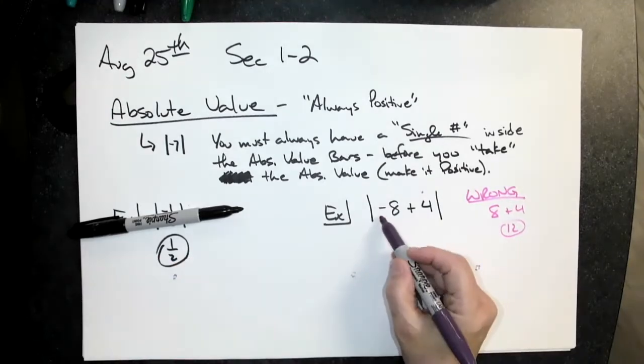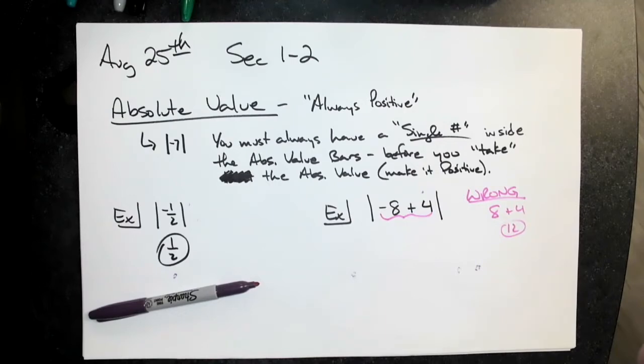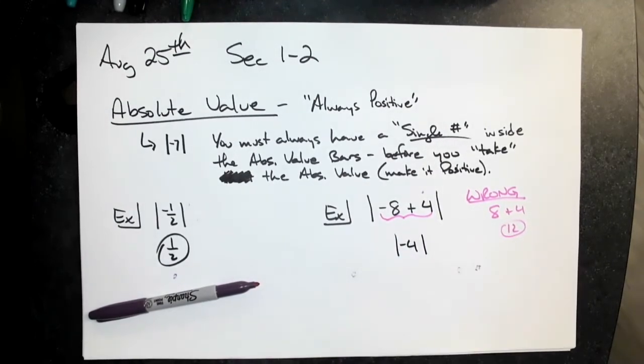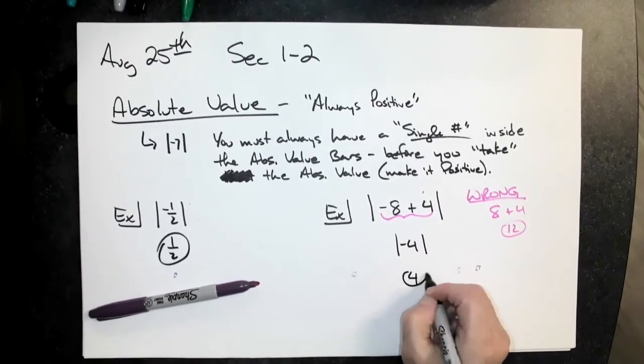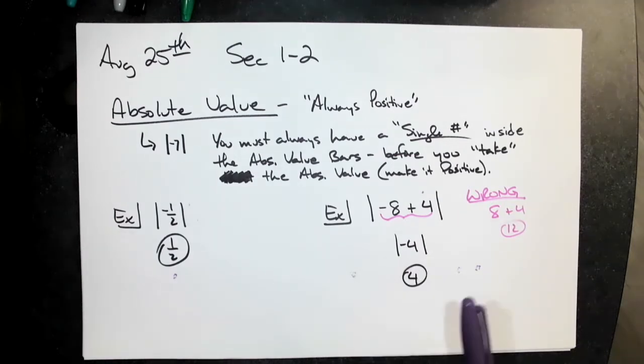So you're going to work inside here first, do the math, just like you normally would. -8 plus 4 is a -4. Take the absolute value now because it's a single number, so answer is going to be 4. Okay, so yes, always positive kind of is a nice little shortcut way of thinking about what absolute value is, but you've got to remember you can only do that when there is a single number on the inside.